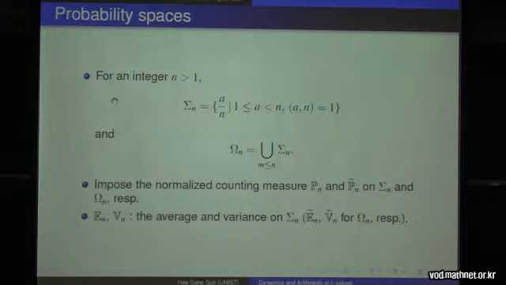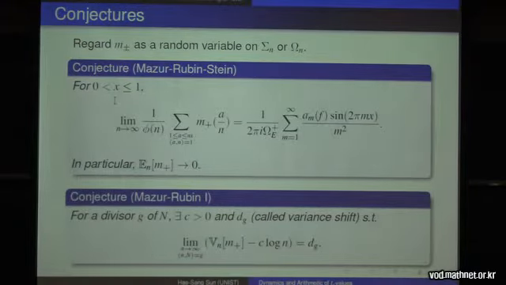We impose a counting measure Pn on sigma n and Pn tilde on omega n respectively, and En and Vn the average and variance on sigma n. En tilde and Vn tilde are the average and variance for omega n respectively. Then there is a conjecture by several people as follows. Again, we regard m plus minus as a random variable on this probability space sigma n or omega n.